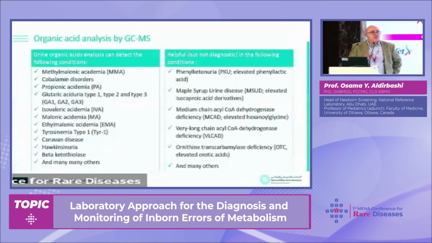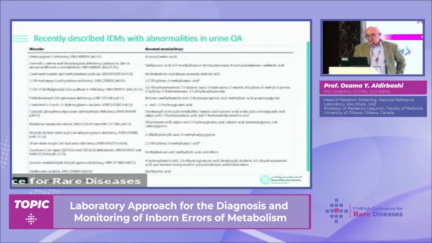In some disorders, urine organic acid can be helpful, like in PKU. It's not truly diagnostic, but you can see markers of PKU, maple syrup urine disease, MCAD, VLCAD. Many other disorders can be seen in a urine organic acid trace.